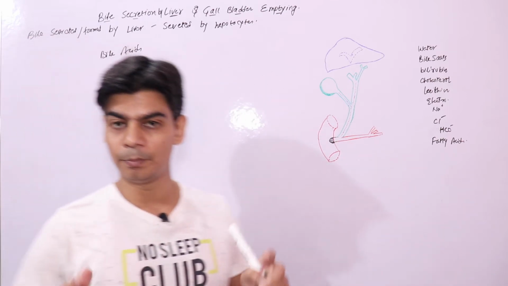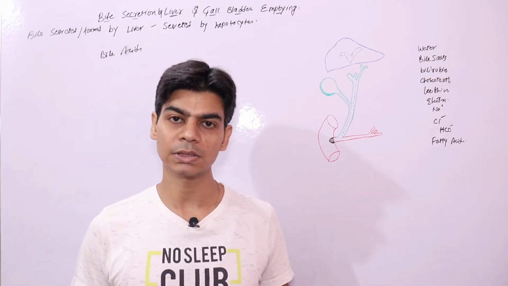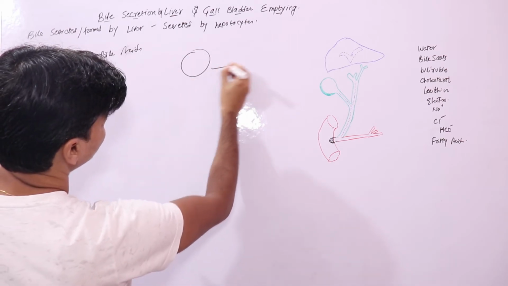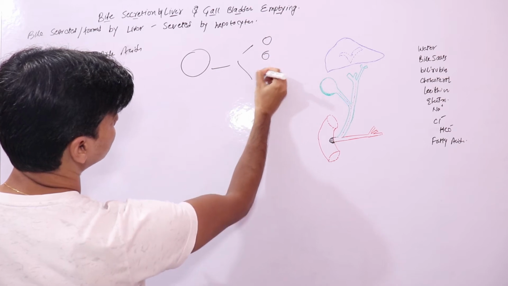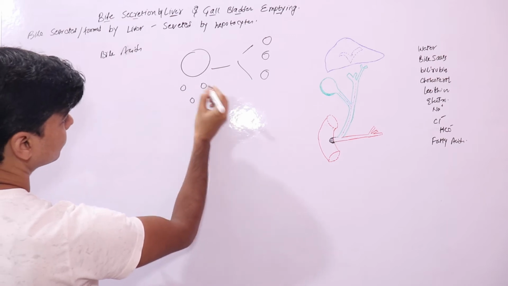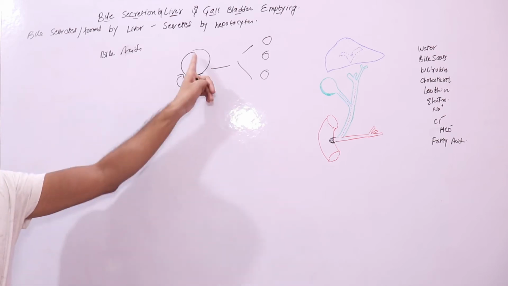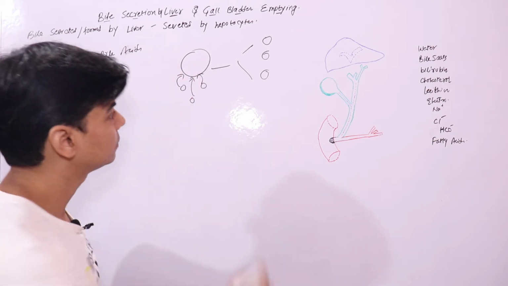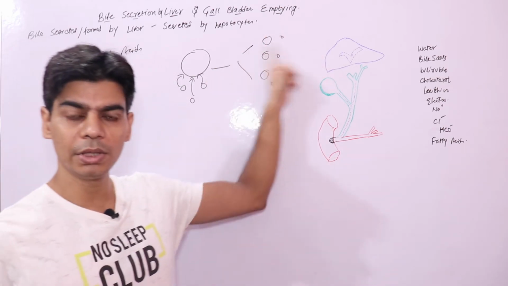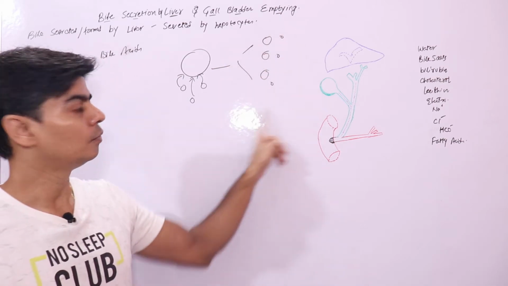And why is it required to break bigger fat particles into smaller ones? Because if you look at this bigger fat particle, it would be broken down into smaller fat particles, and these are your enzyme lipases. These enzyme lipases would not be able to work effectively on bigger fat globules. But once the bigger fat particles are broken down into smaller ones with the help of bile acids, the surface area will increase.